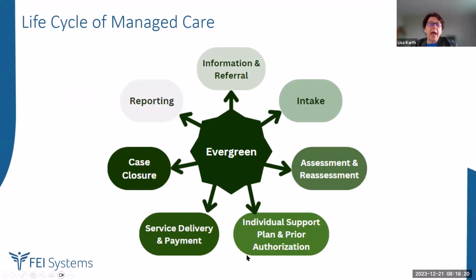Then, of course, from that, we move into service delivery. So providers are working with the person, they're delivering services, and of course, they want payment. Well, they submit their claims, whatever process they use today, and it's going to go through the MIMS processing. When MIMS approves and pays the claim, the utilization is tracked in Evergreen.